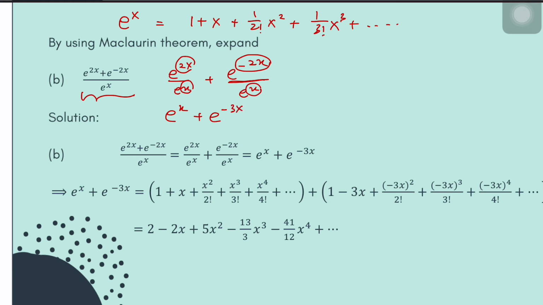So now instead of a division function, you only have single exponent functions, which are e to the x and e to the negative 3x.